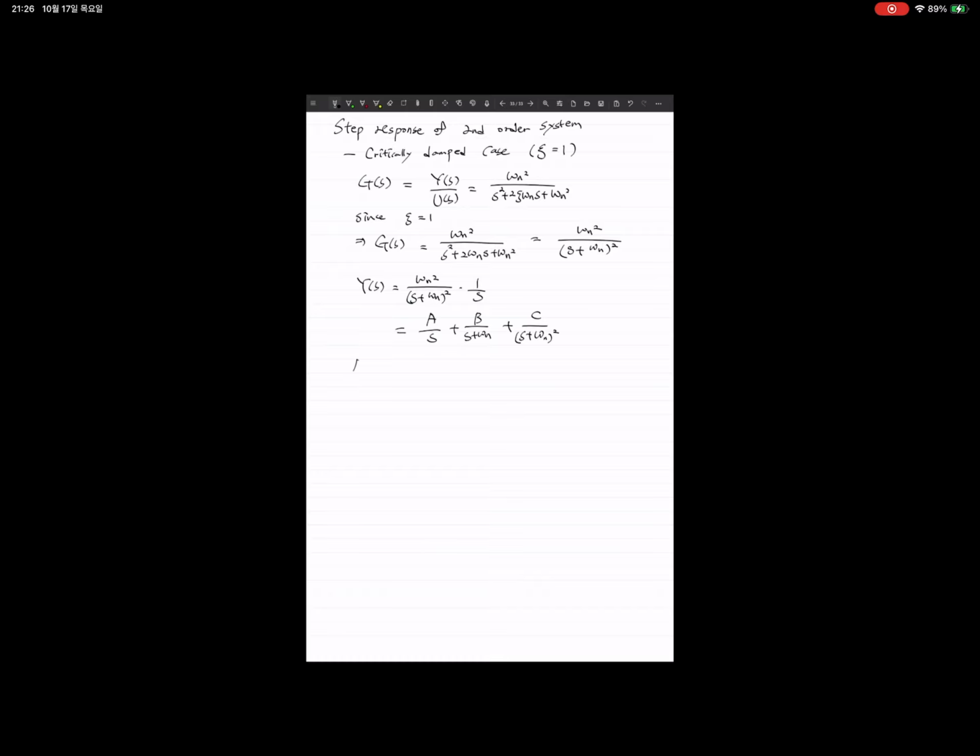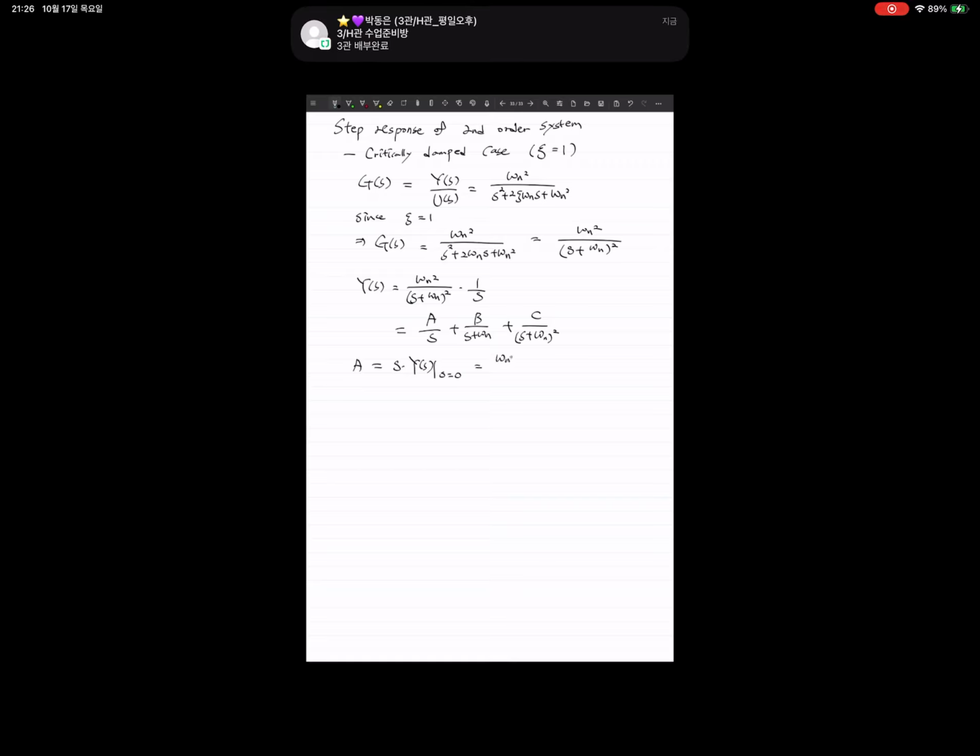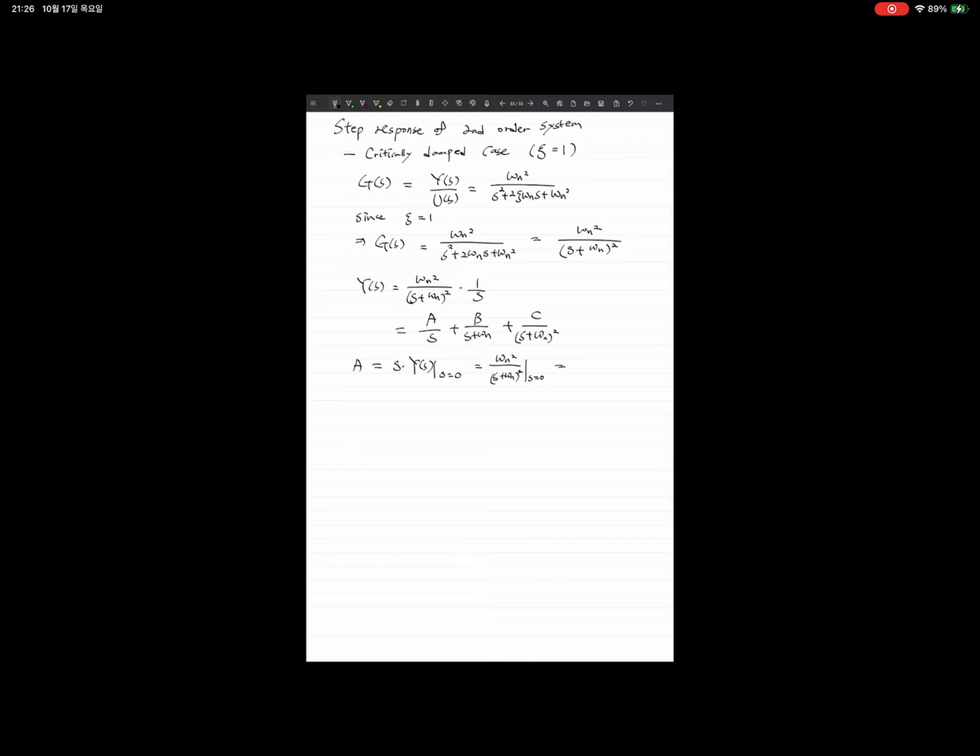So A can be obtained from s times Y of s, evaluated at s equal to 0. Then omega n square over (s plus omega n) square at s equal to 0 gives 1. So A is 1.